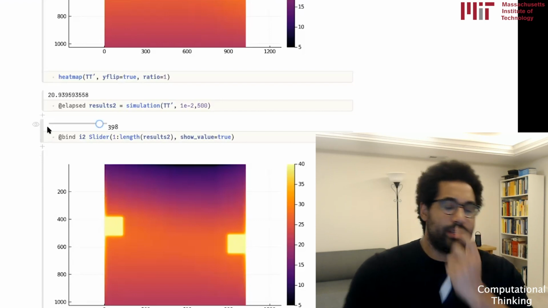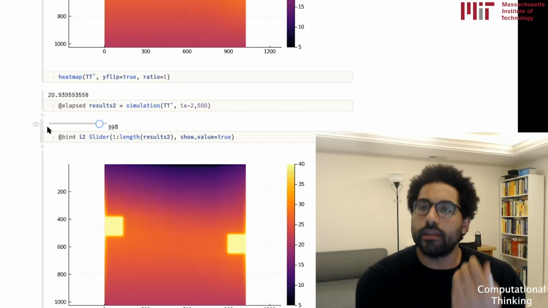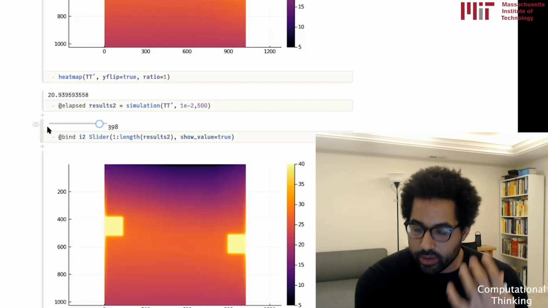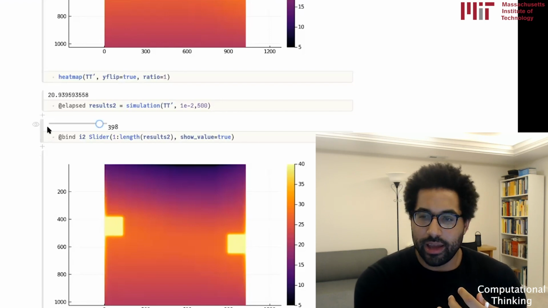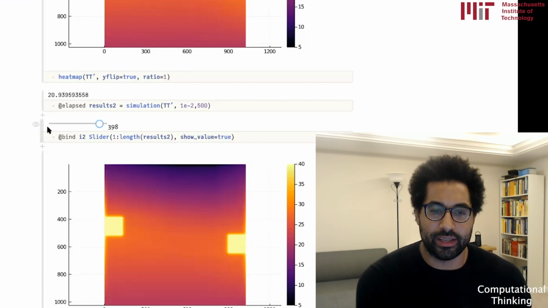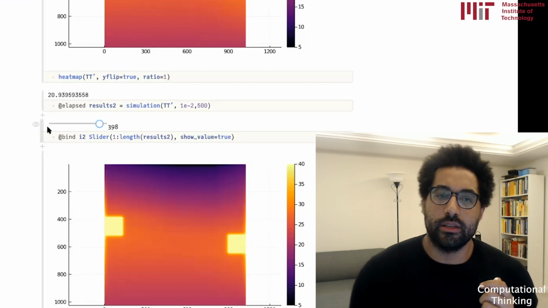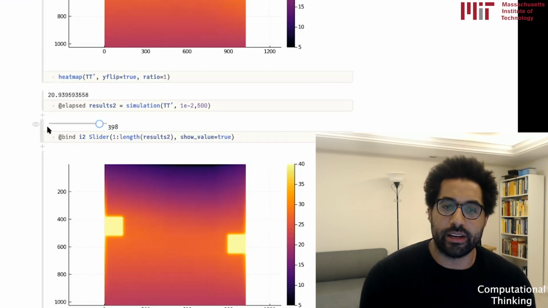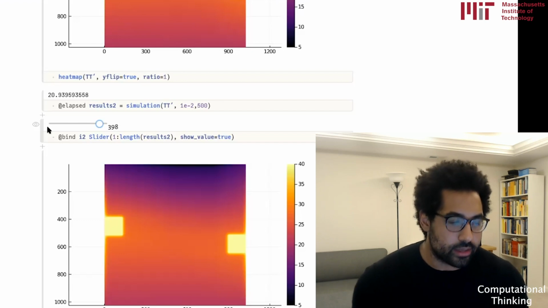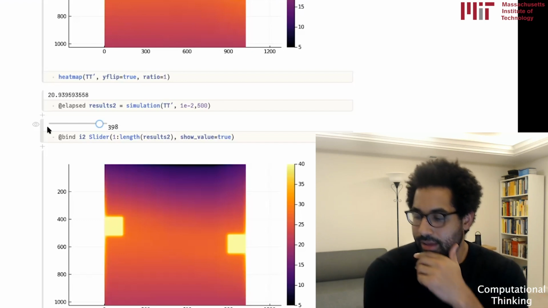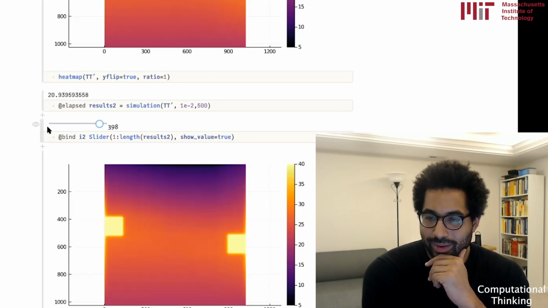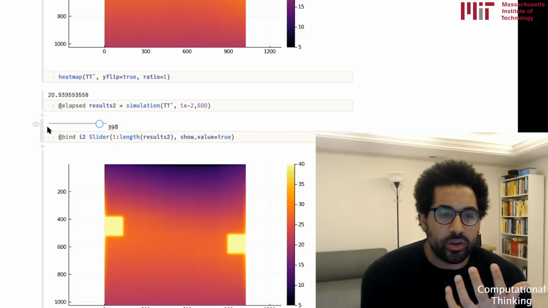Now the question is: is this unavoidable? Is there nothing we can do to speed up this computation and get a good solution on this fine grid? Well, you can start to think about it for a minute. What could we make use of?